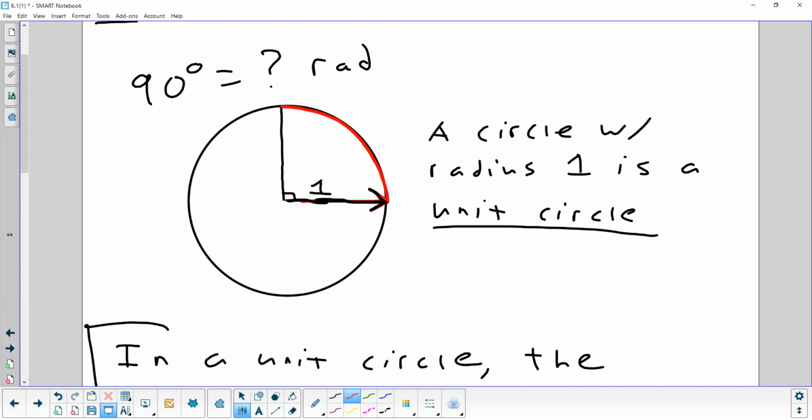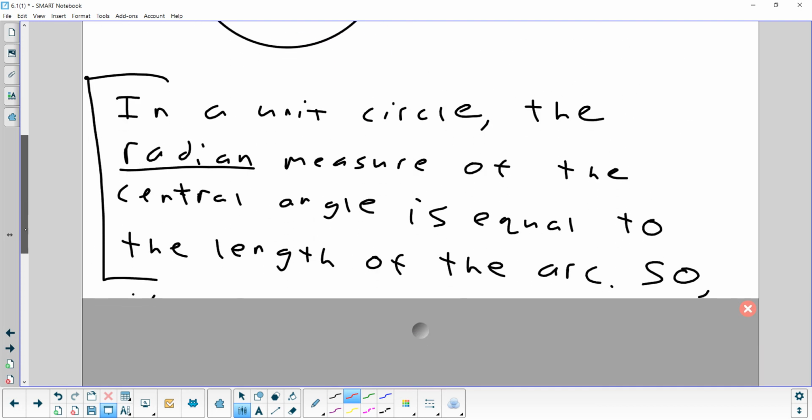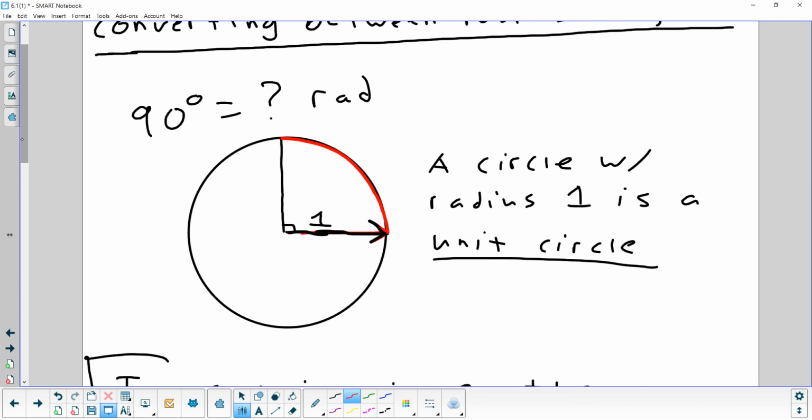But this angle is a 90-degree angle, and I'm curious how big that angle is in radians. I know that the measure of the angle is equal to the length of the arc. So if I can find the length of this arc, then I'll know the measure of that angle in radians. But how would I get the length of that arc?